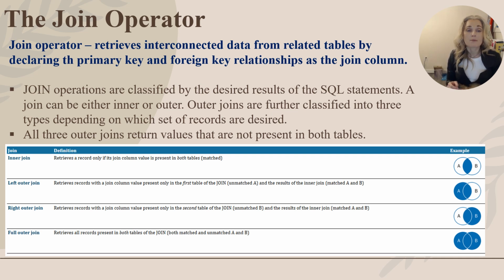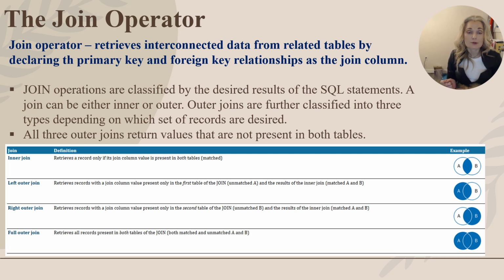And join operators are classified by the desired results of SQL statements. A join can be either inner, so within the circles, or outer joins are further classified into 3 types, depending on which set of records are desired.